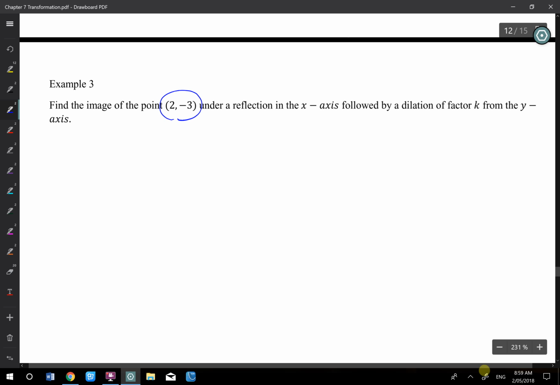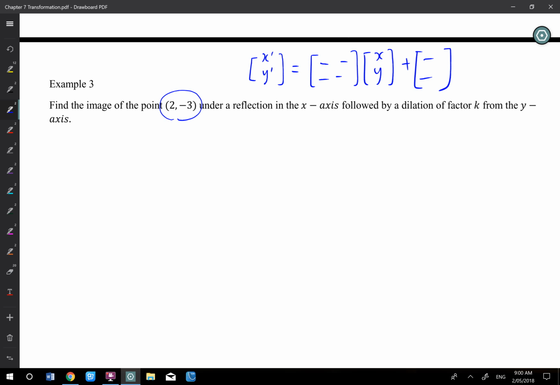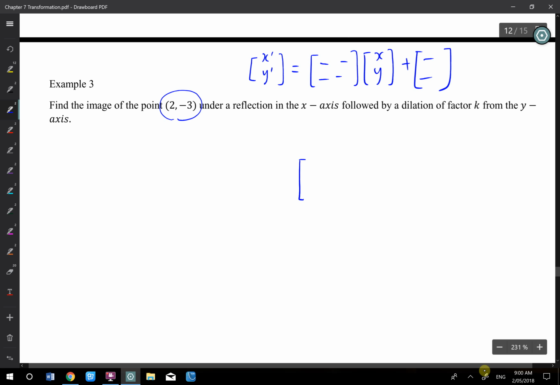Remember, the new point equals a transformation matrix times the old point and then plus the translation. That's the order. The point is 2, -3. That's the xy.